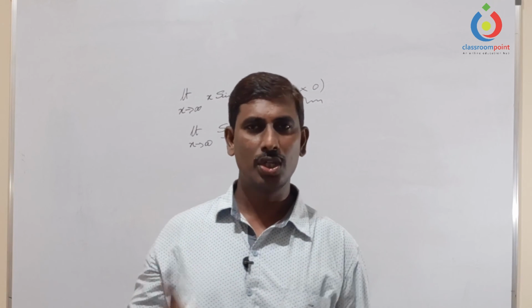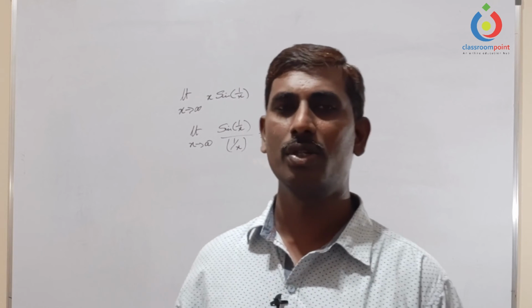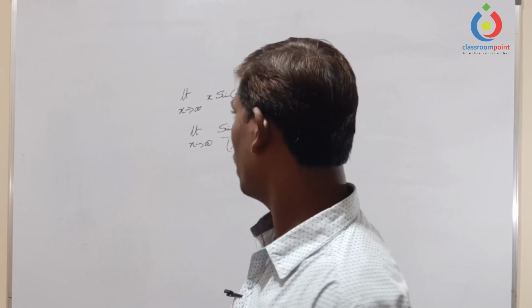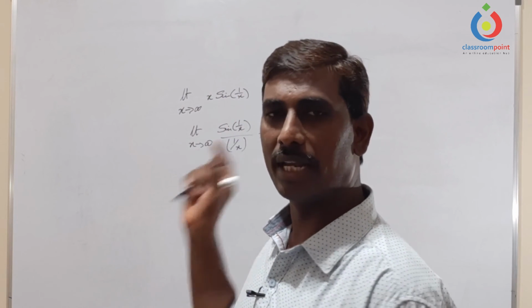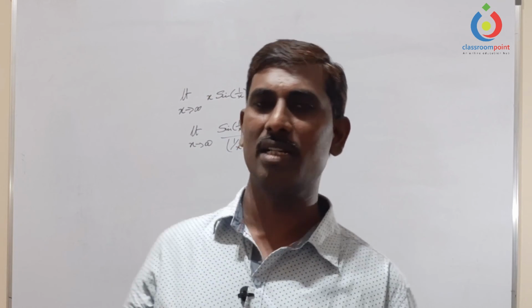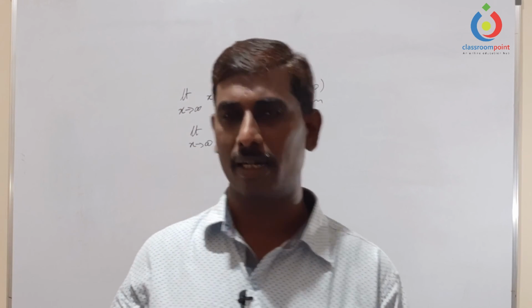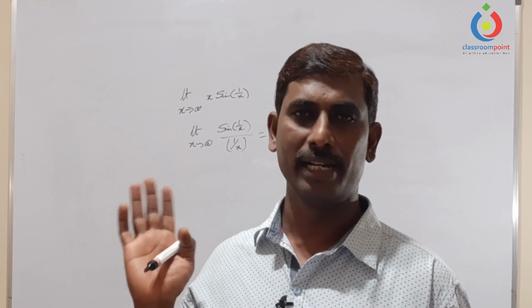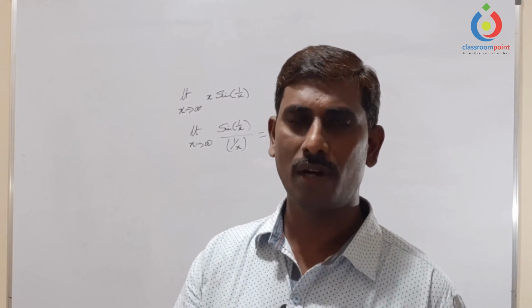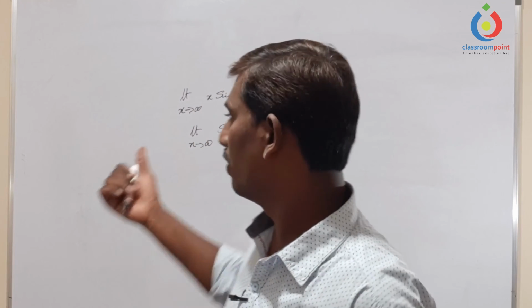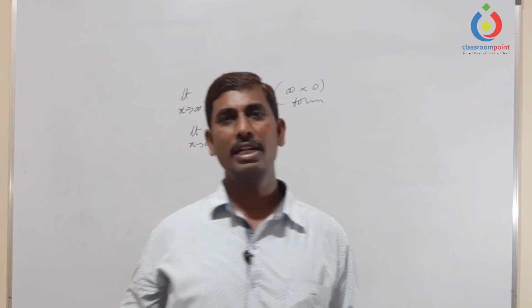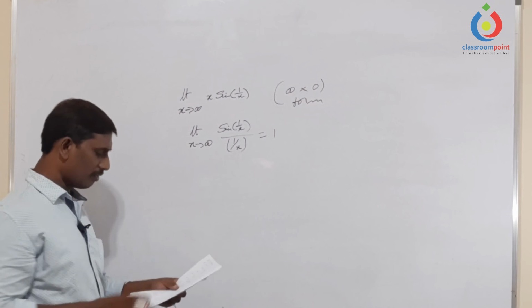Remember, when we get 0 into infinity, you must take any one value in the denominator. Sir, suppose it is not there, then what to do? Just multiply and divide with the value you need, then you get this. So this is the way of solving.